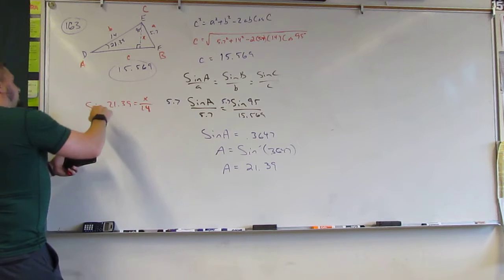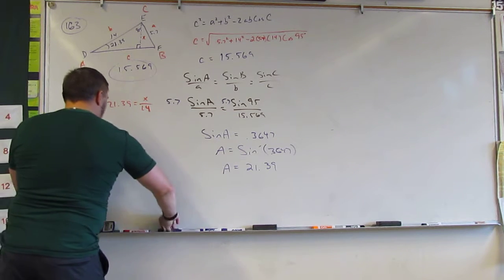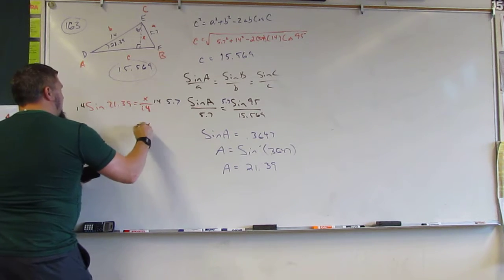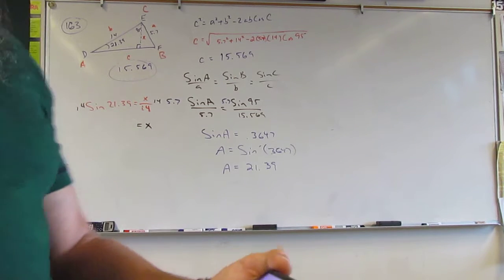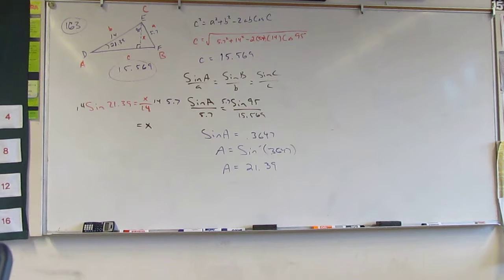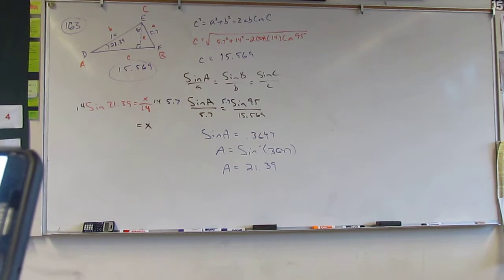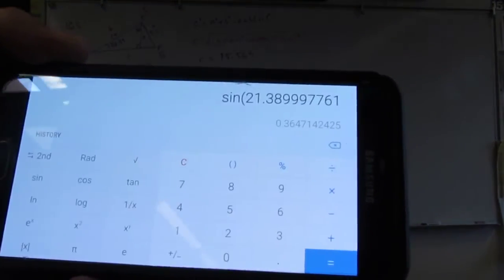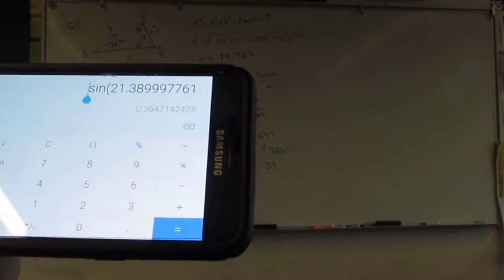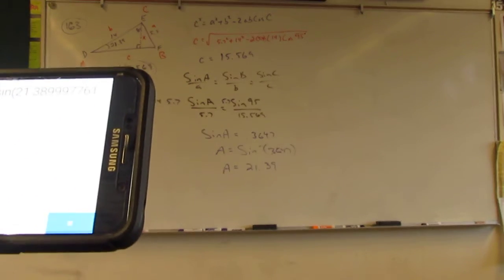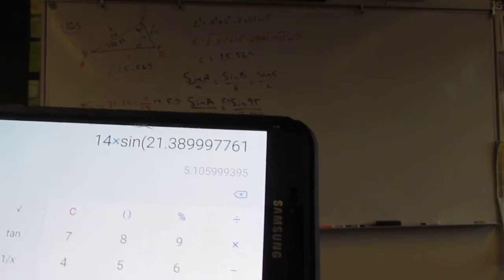And so now I'm just going to multiply this sine by 14, and I get x is equal to the sine of that number times 14. Okay? And I come up with 5.1.